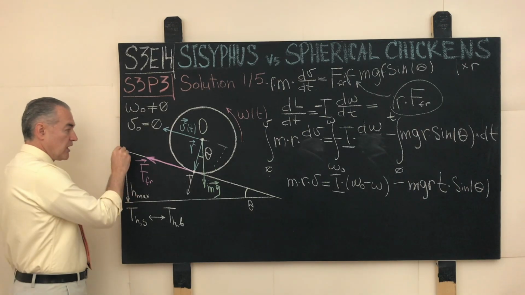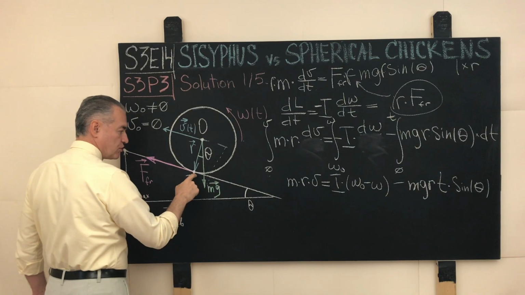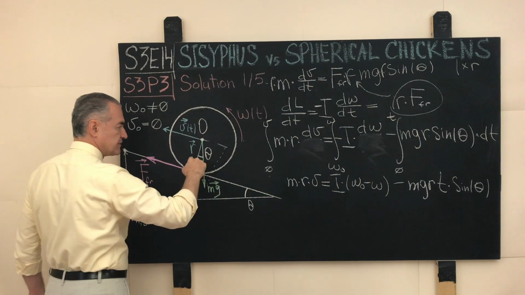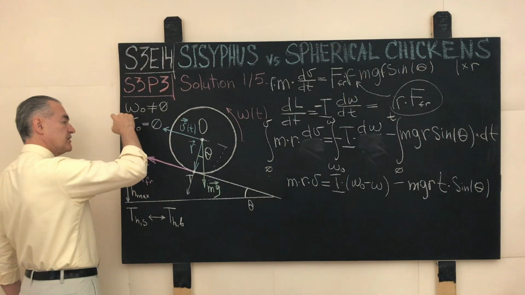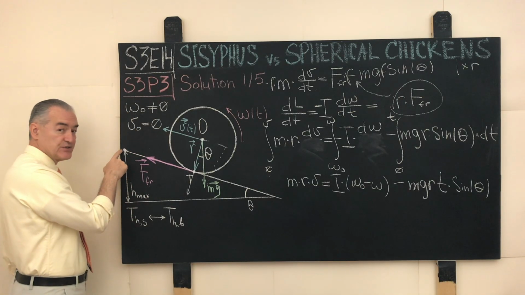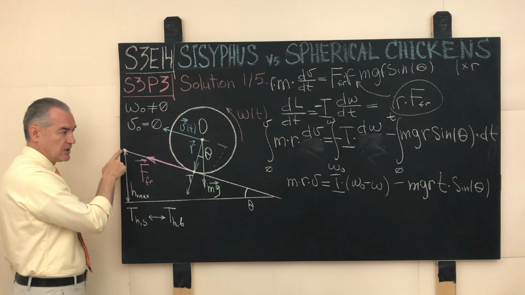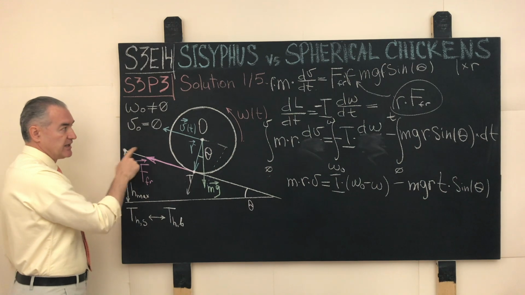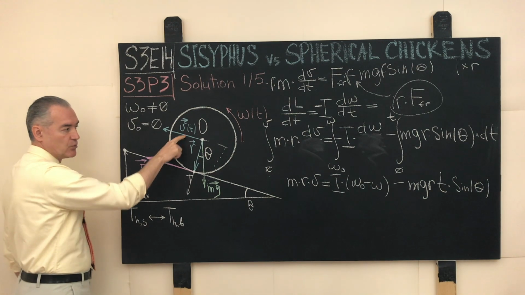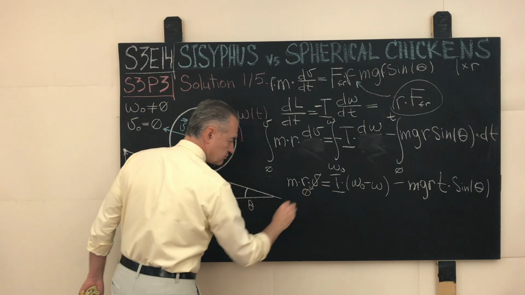Well, when our rolling object that rotates and moves linearly up the inclined plane reaches the highest point on the plane, what will happen? Two things will happen. Its linear velocity v will become 0.